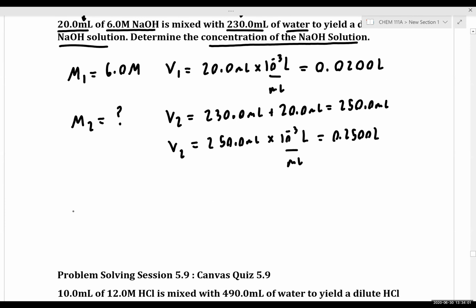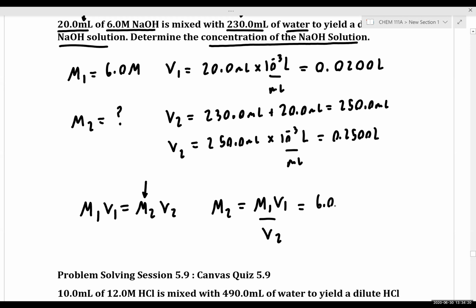Now that we have that in place, we're going to substitute. We know that M1V1 is equal to M2V2. So if we're solving for our final molarity, M2 is equal to M1V1 over V2.